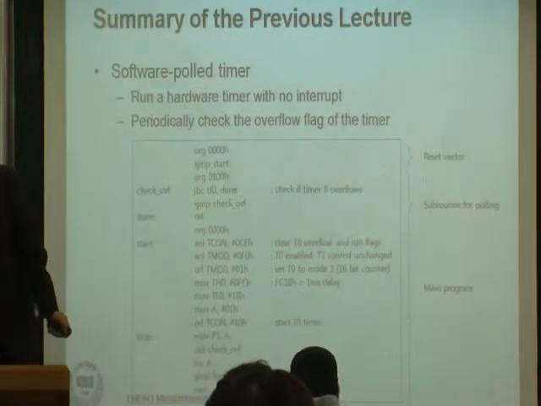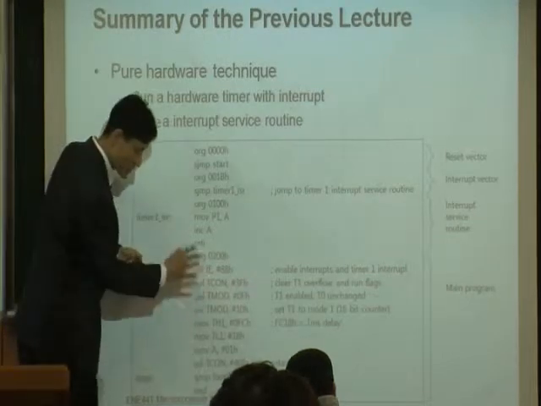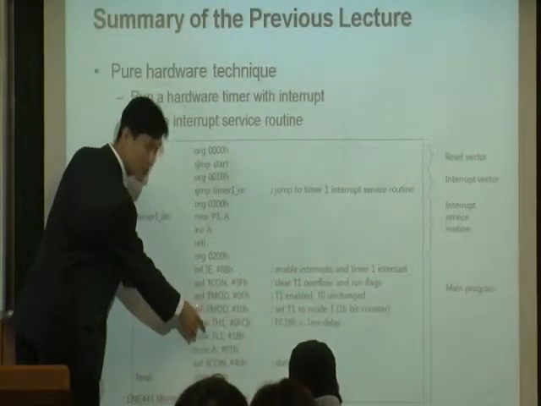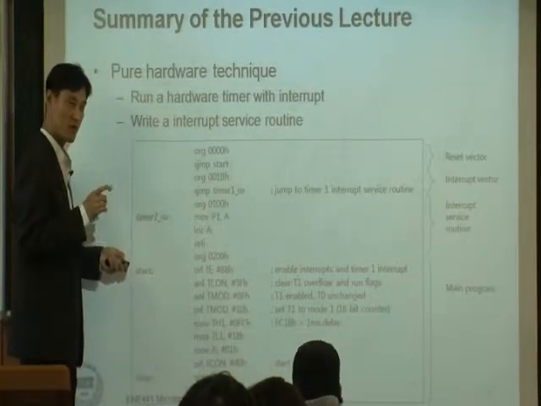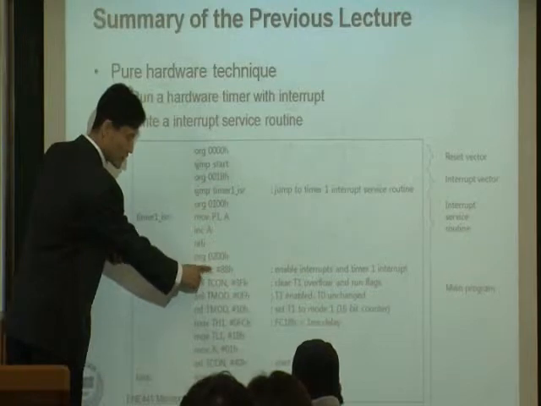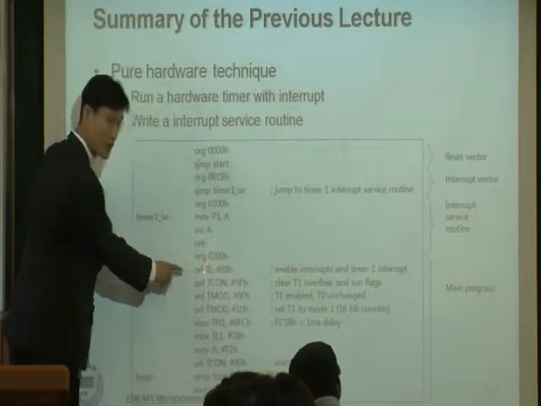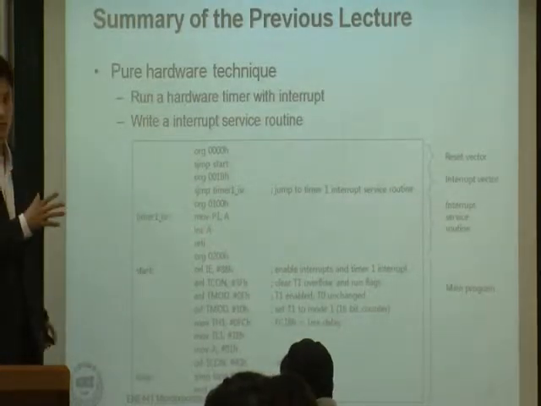However, if you go to the next one, which is the pure hardware technique, the same way you are programming the timers, the same TCON, TMOD, TH, TL. You are using the hardware timer, and also you are using the hardware interrupt block. See the interrupt enable? We are using the interrupt block also. We are using interrupt and timer hardware.